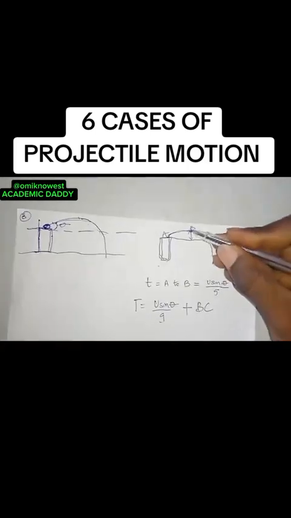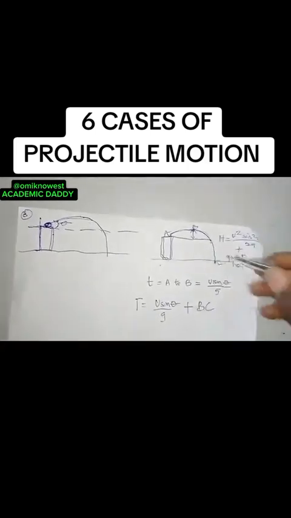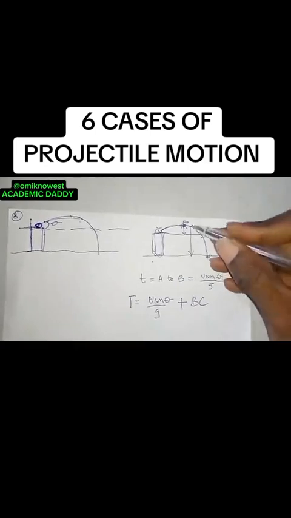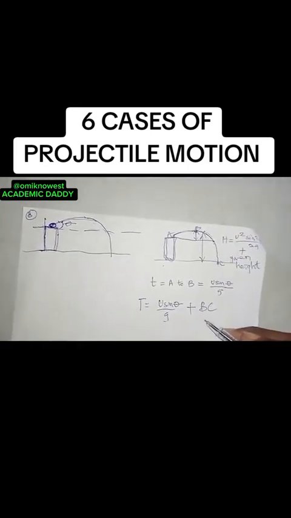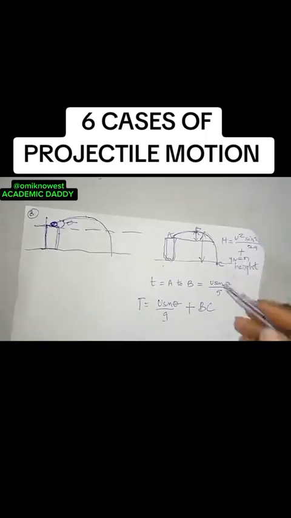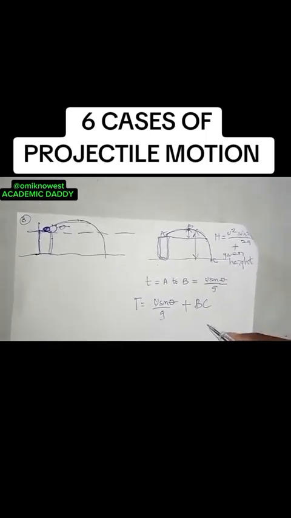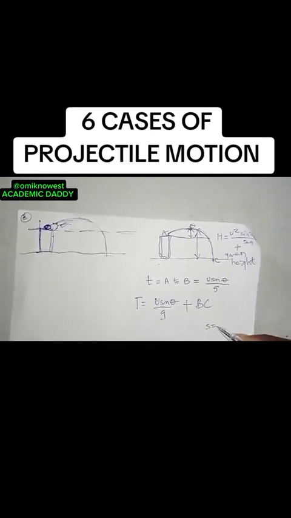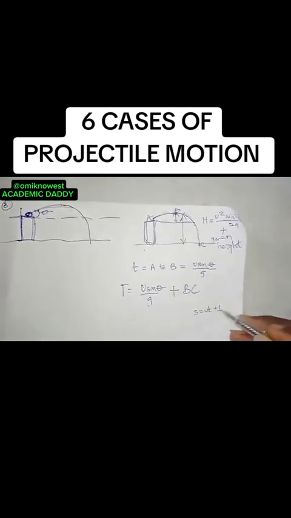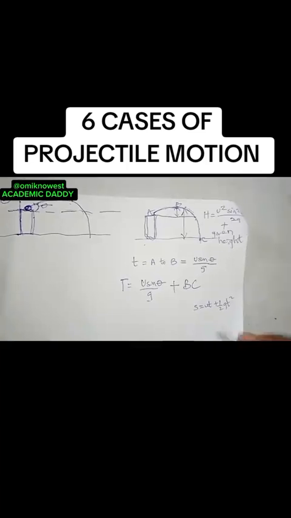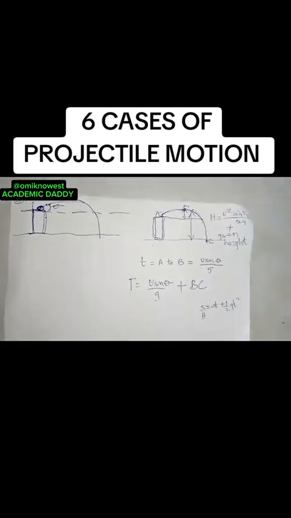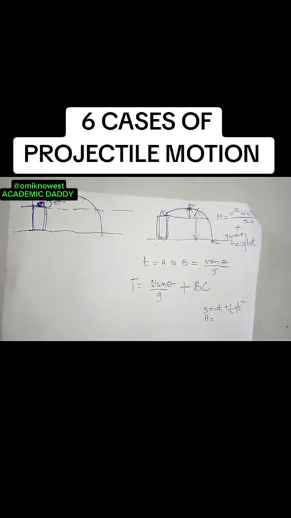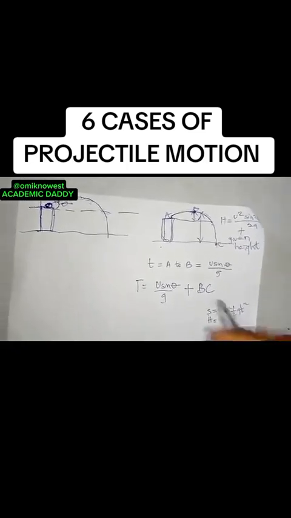And this is given by, notice that everything here to this ground level is the total height. So remember that anytime you want to find time, you always use S equals ut plus half gt square, and this S becomes h because it's vertical. So in projectile motion, always be thinking of the vertical side whenever you're talking about the motion. Then when you want to talk about range, you now think about the horizontal side.